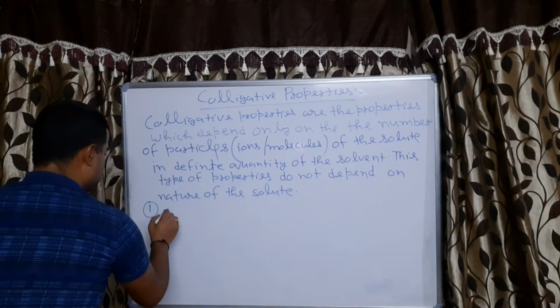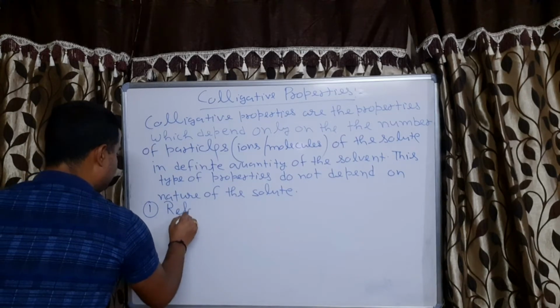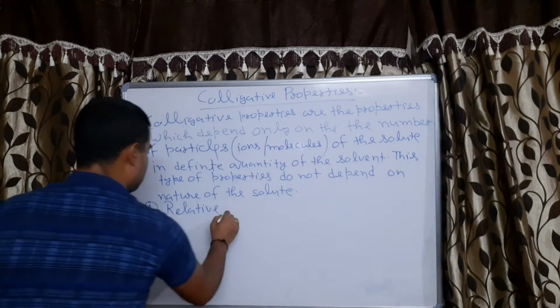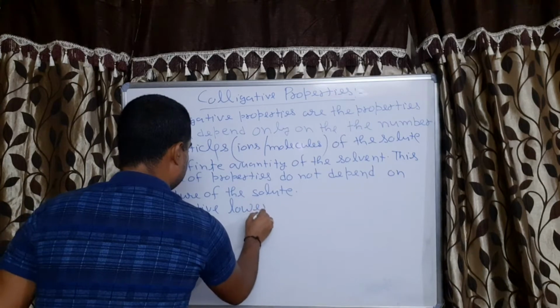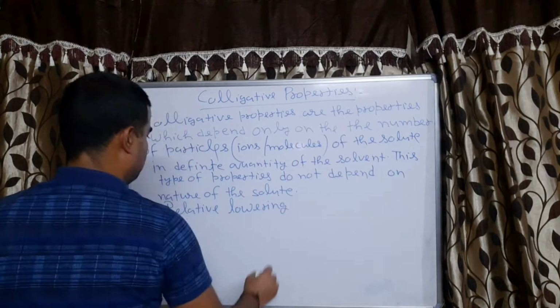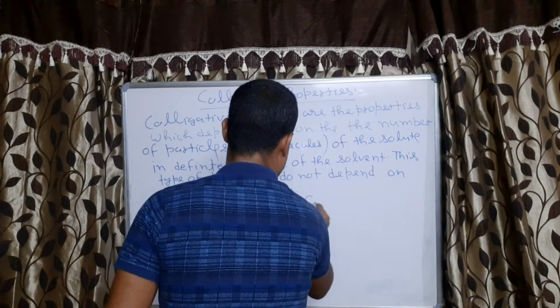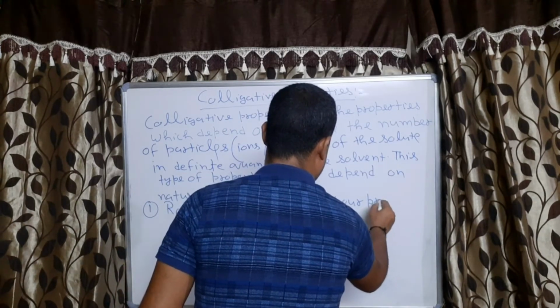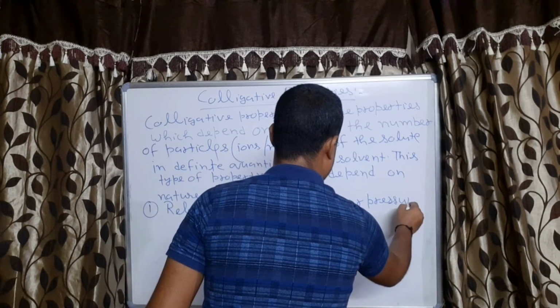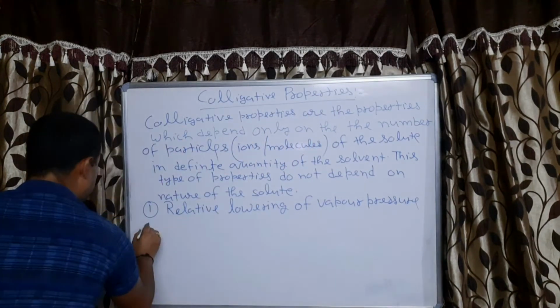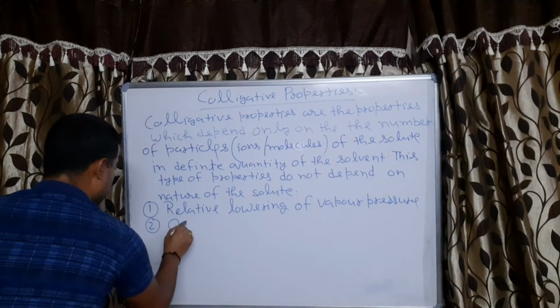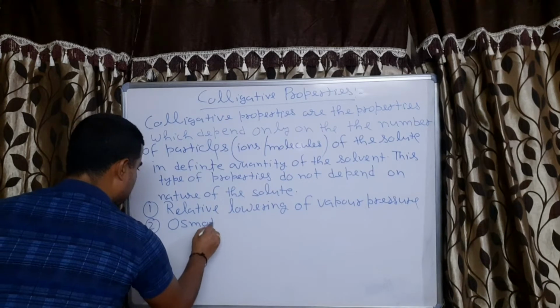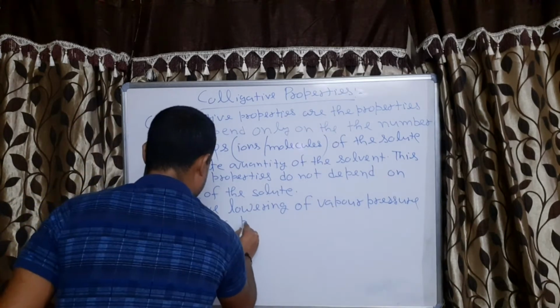Number one is relative lowering of vapor pressure. Number two is osmotic pressure.